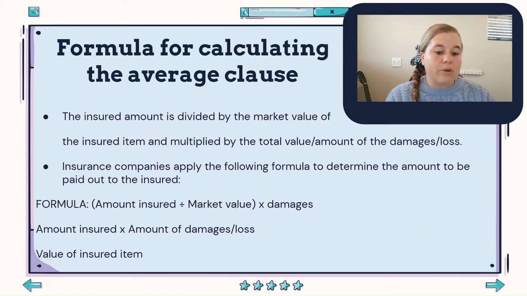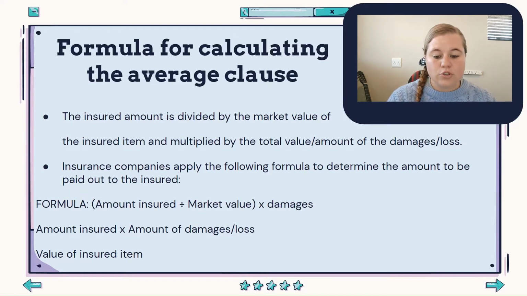Then we've got a formula for calculating the average clause. Before we dive into it, let's read that quickly. The insured amount is divided by the market value of the insured item and multiplied by the total value or amount of the damages or loss. Insurance companies apply the following formula to determine the amount to be paid out to the insured.